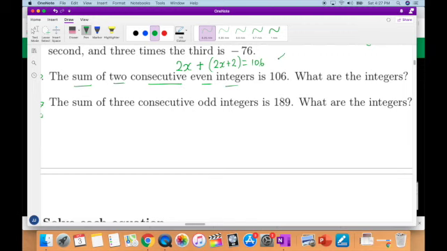So using the same kind of logic, and the hint is that 2x is even, given that 2x is an even number, what is the sum of 3 consecutive odd numbers now?